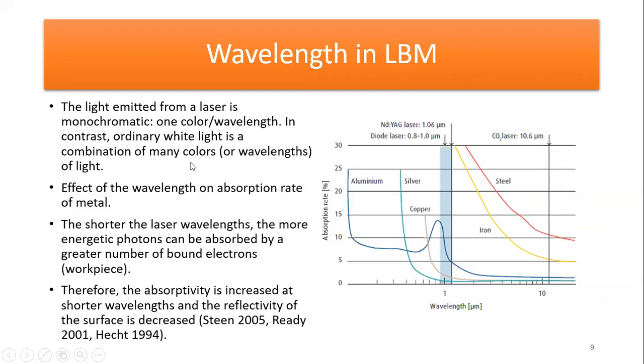So there's an effect of wavelength on the absorption rate. The shorter the laser wavelength, the more energetic photons can be absorbed by a greater number of bound electrons. Basically, the lower the wavelength, the easier it is for the energetic photon to be absorbed by the material. Therefore, absorptivity is increased.